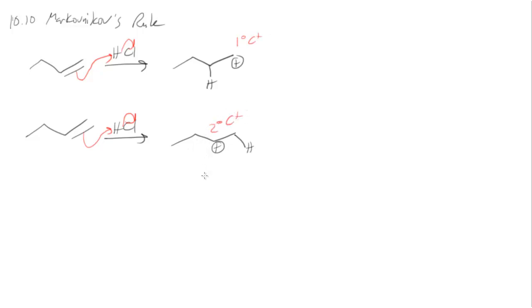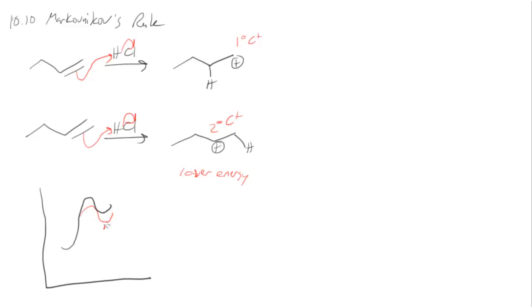So the secondary carbocation is going to be lower energy, or more stable, intermediate. So if I want to think about my reaction coordinate diagrams again, if I have a lower energy intermediate, then I'm probably also going to have a lower activation energy for that reaction.